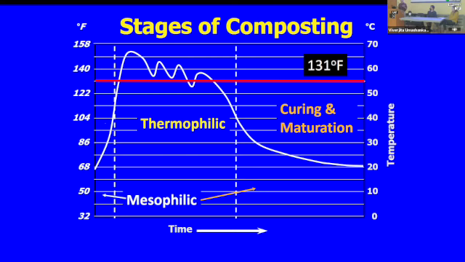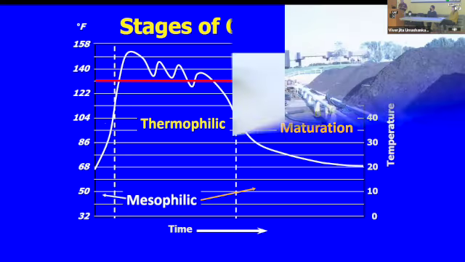So in our backyard, many of us don't achieve 131 degrees for the number of days that's required. And it's likely that as we apply our so-called finished compost, we see germination of tomato seeds, and we might even have a plant pathogen that stays in the mix that reinfects.